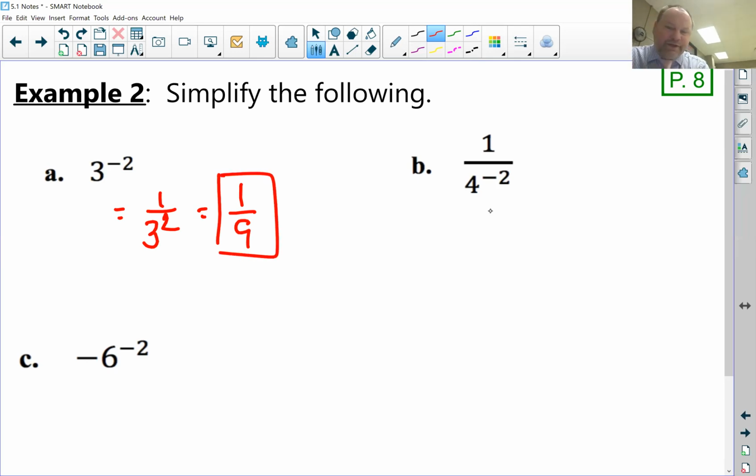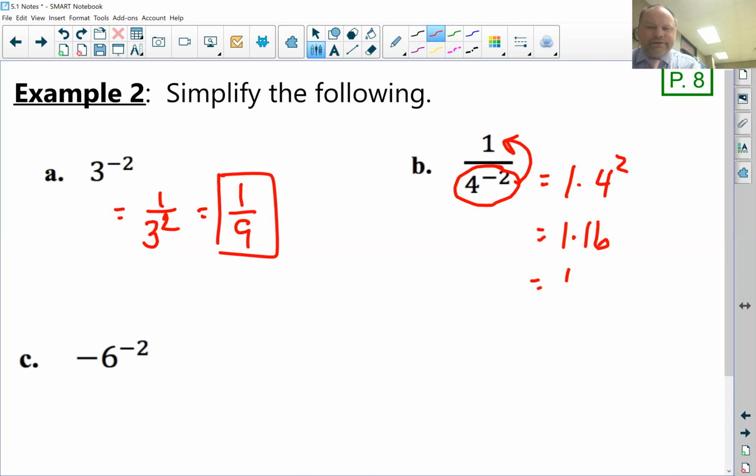Here, our denominator is to a negative exponent, so it says, take this thing that's in the denominator and move it up into the numerator. So this will be 1 times 4 squared, which is 1 times 16, which is just 16.